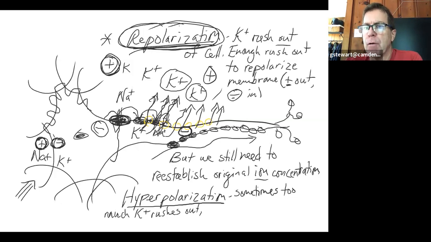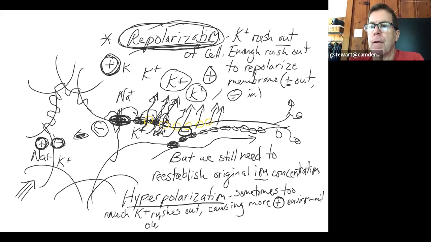So I'm going to put causing a more positive environment outside than we had at the beginning of the story. So I just wanted you to recognize this word. It really means the overshooting of repolarization.